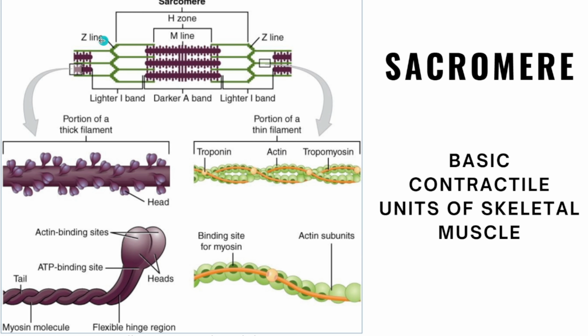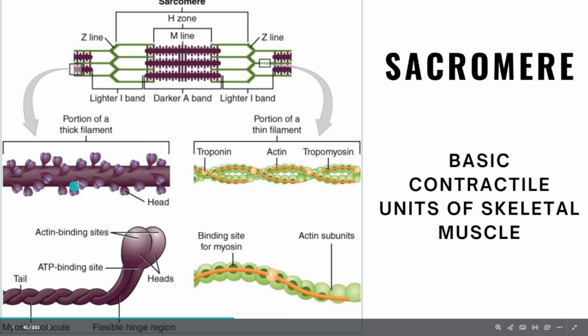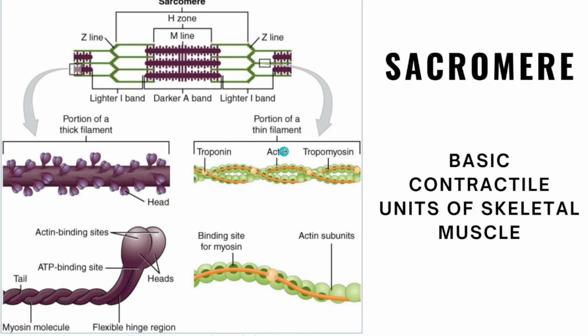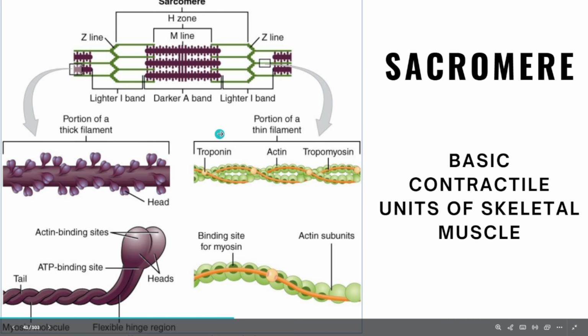In general, the sarcomere is composed of two major components we call thick filament and thin filament. Thick filament is the myosin filament, thin filament is the actin filament. So these are the two major components that make up the sarcomere.